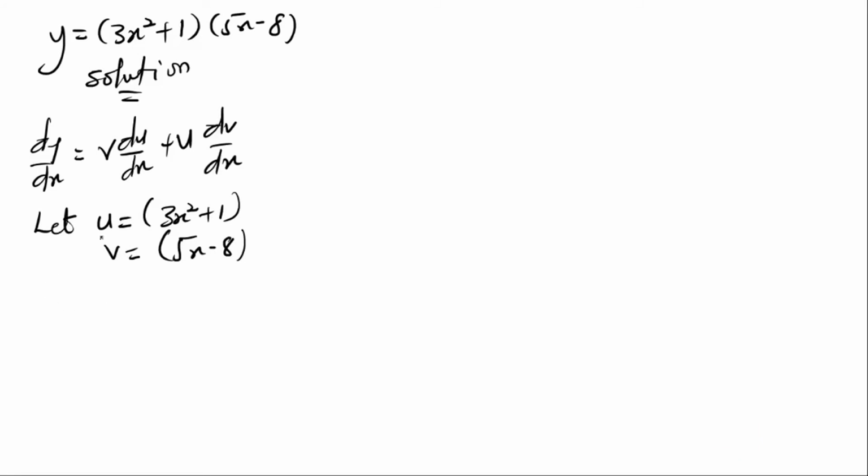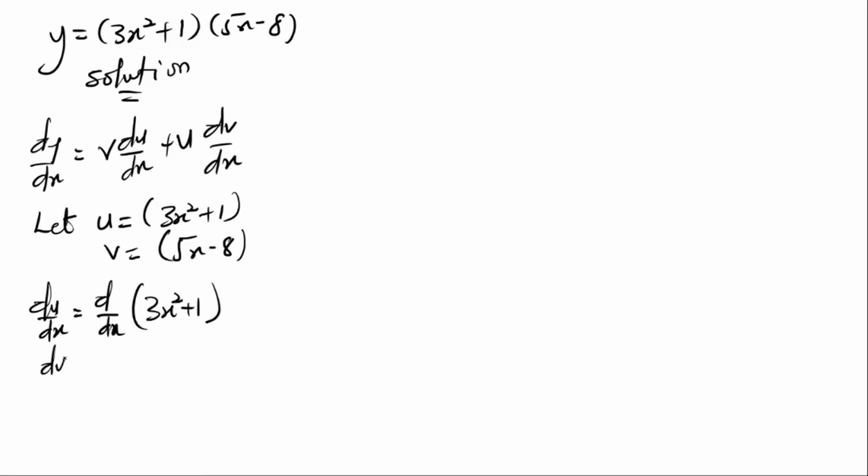Now that we have this, we differentiate each of the functions individually. If we differentiate the first function, we are differentiating u with respect to x, so it becomes du/dx. So our du/dx becomes d/dx of the function 3x squared plus 1.